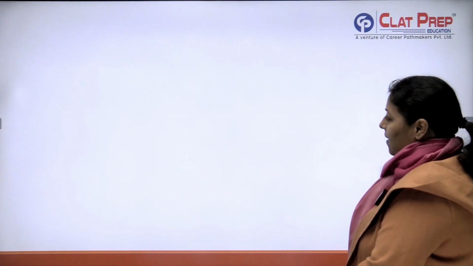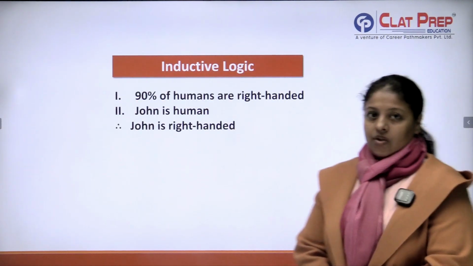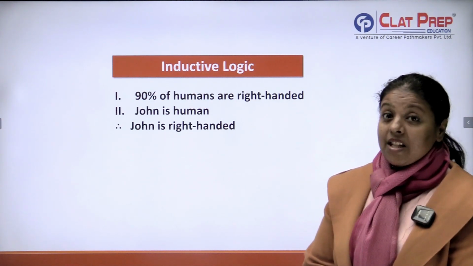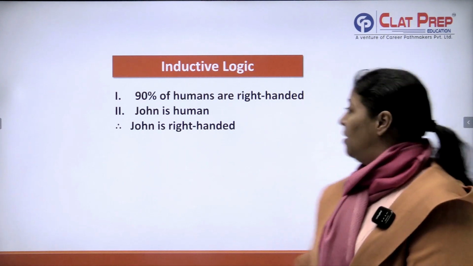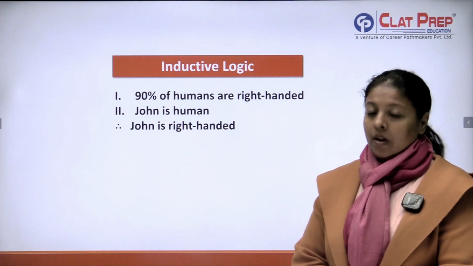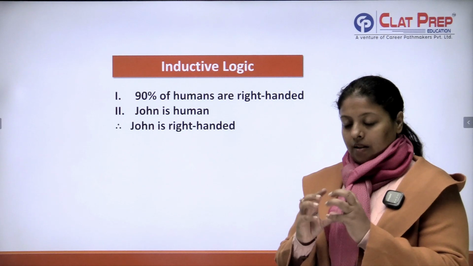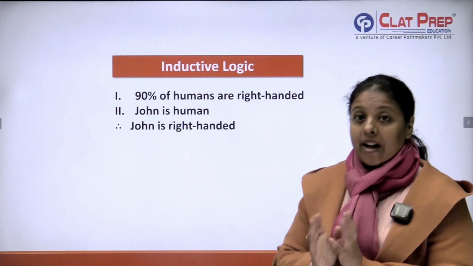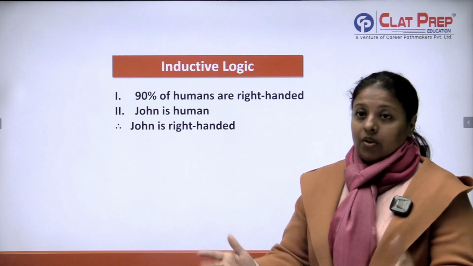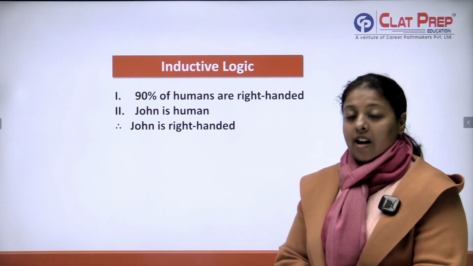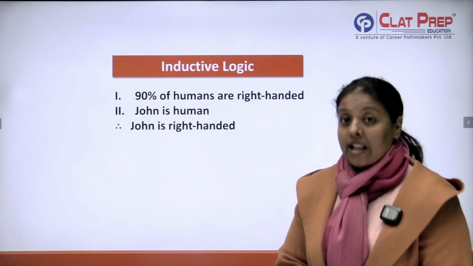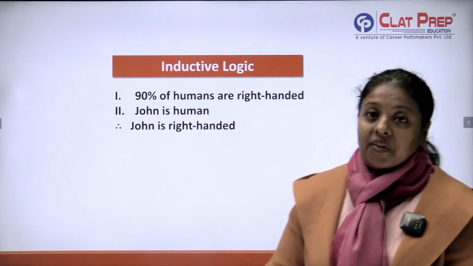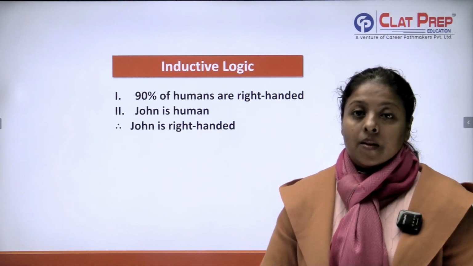Let us see another example. Very nice question. The premise says, first argument, that 90% of humans are right-handed. So when there is an argument in front of you which says that 90% are right-handed, what can you think of? That 90% are right-handed and 10% are left-handed. Or there is a chance that some of them are without hands, right?